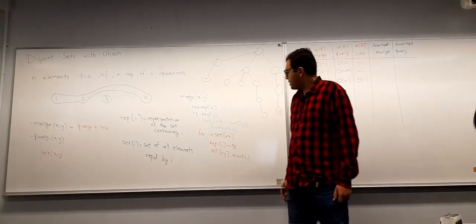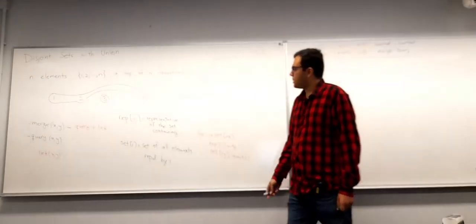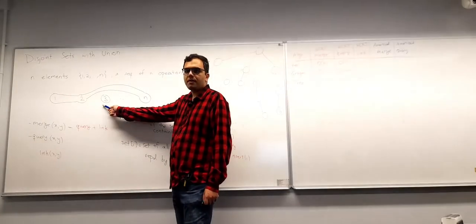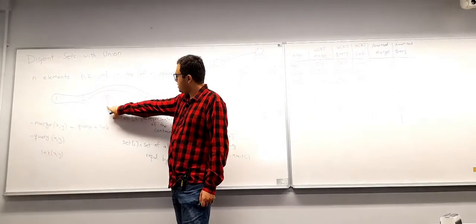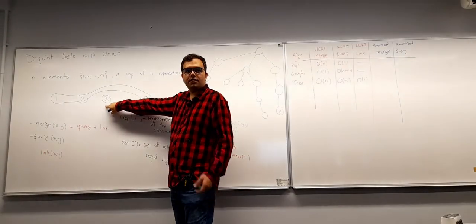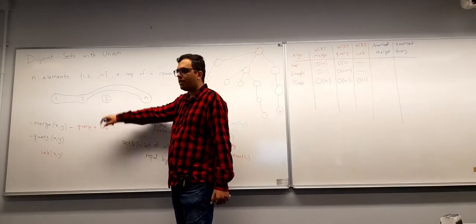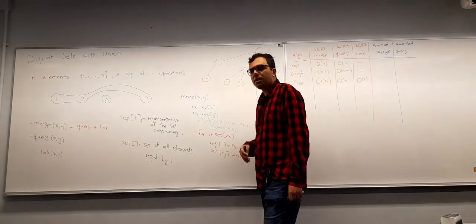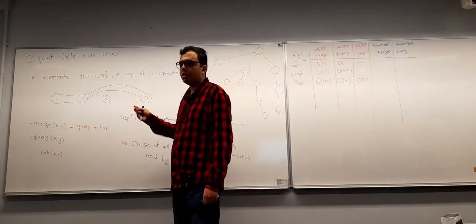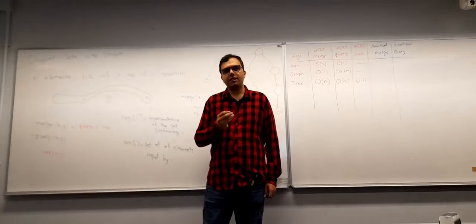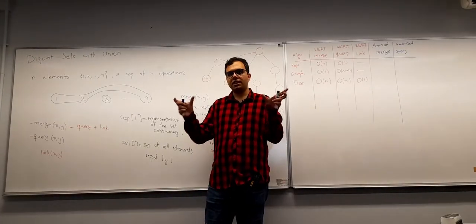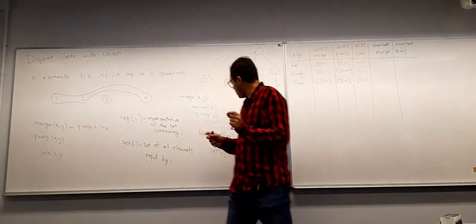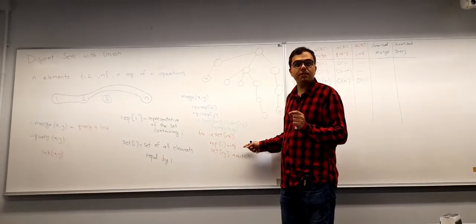So let's look at this from the point of view of one of these elements. Originally, this element is its own representative because it's in its own set, right? But now what happens when we do these merges? Well, sometimes the representative of this element would change. But when the representative of this element changes, this means that two sets were being merged and this element was in the smaller set, because I'm only changing the representatives in the smaller sets.